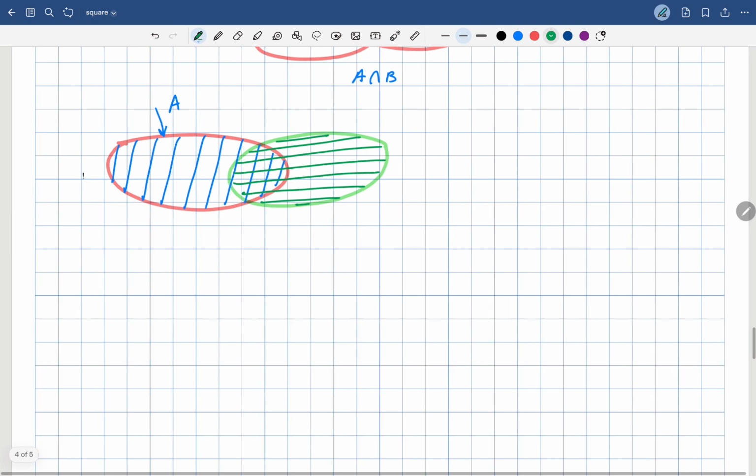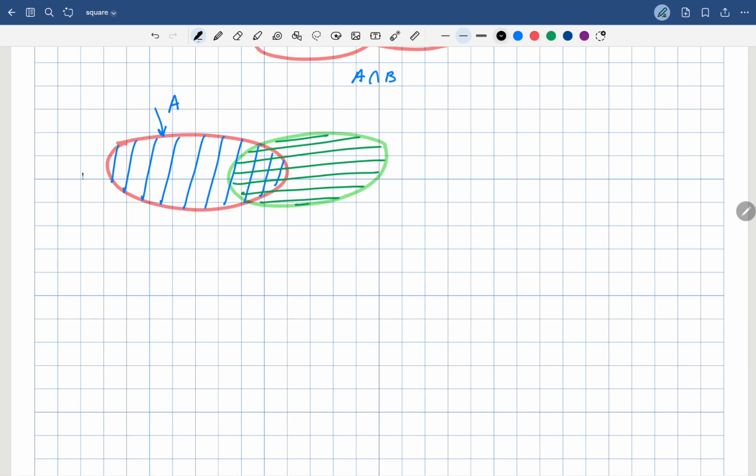So now you can see this area. This is going to be B. This is common, you can see the shading part. This is common to A and B, and that is defined as A intersection B. That is the intersection part, common.